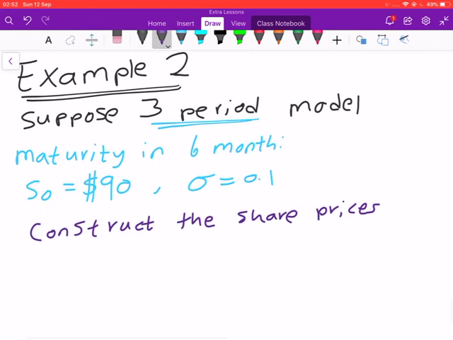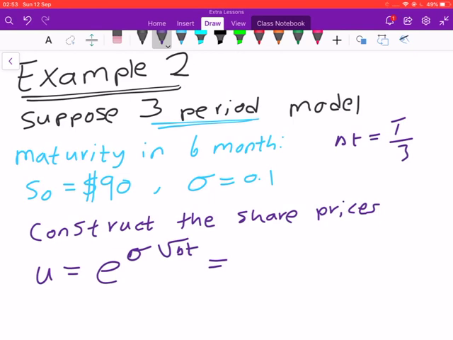So we're going to go through one last example. This time we are looking at a three-period binomial model. Now it simply means that your up state will be e to the sigma times the square root of change of T, and change of T now is going to be 1 over 6, because it's maturity, which is 1 over 2, all over 3, so it's 1 over 6.